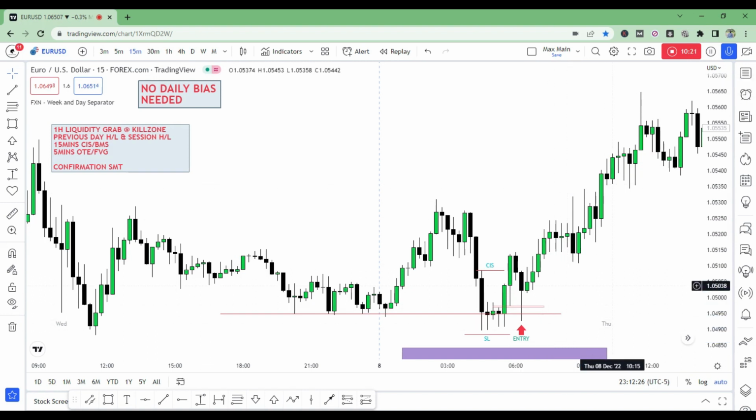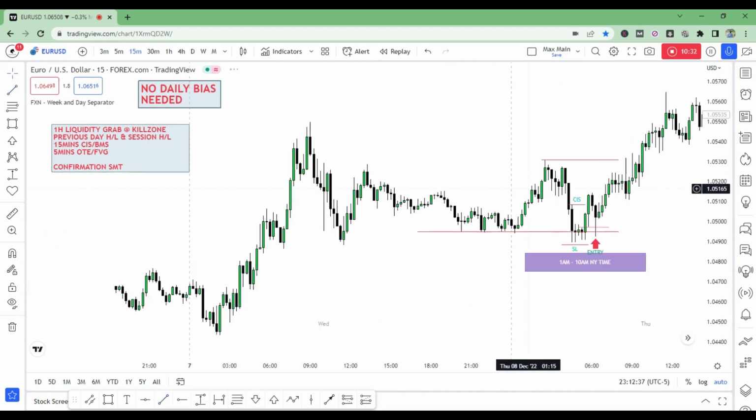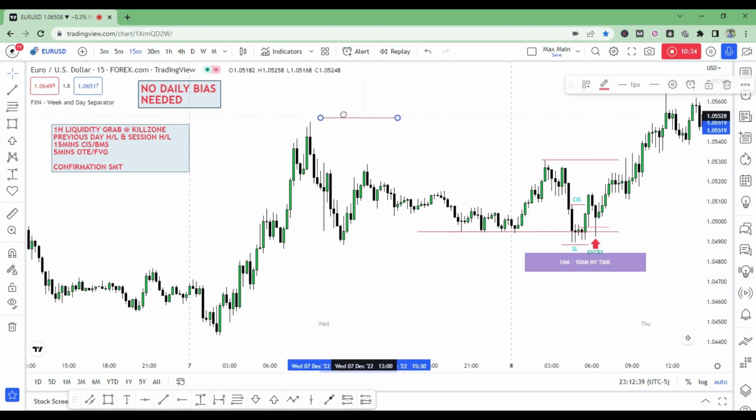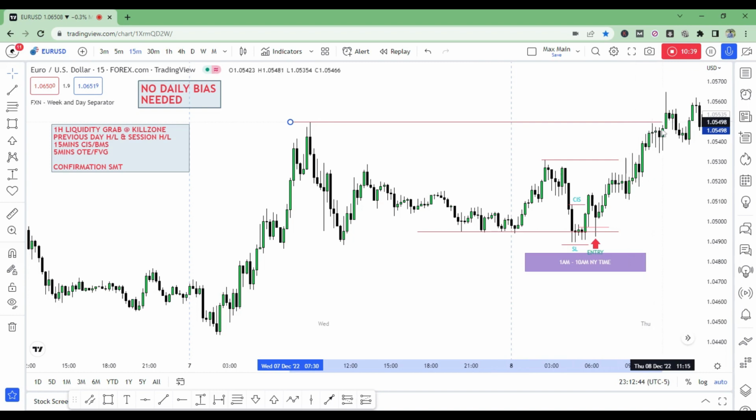Once we get this confirmation and we enter here, I like to target the nearest liquidity. The first liquidity I'll be targeting will be this. And then you also look at session highs and lows, or previous day's highs and lows. Since we are bullish, we'll be looking at these highs.